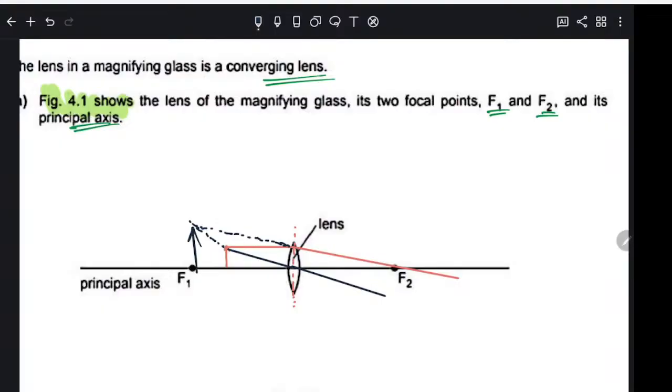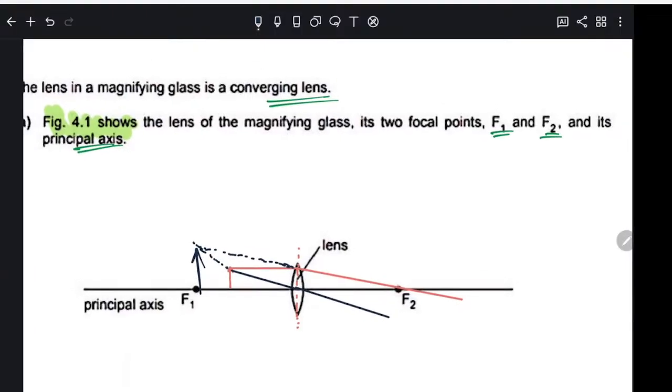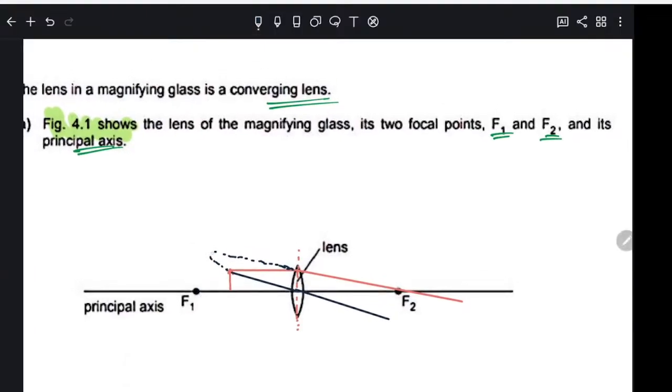But it's usually a little bit far. I don't know why this one is close. Usually they meet after 2F.